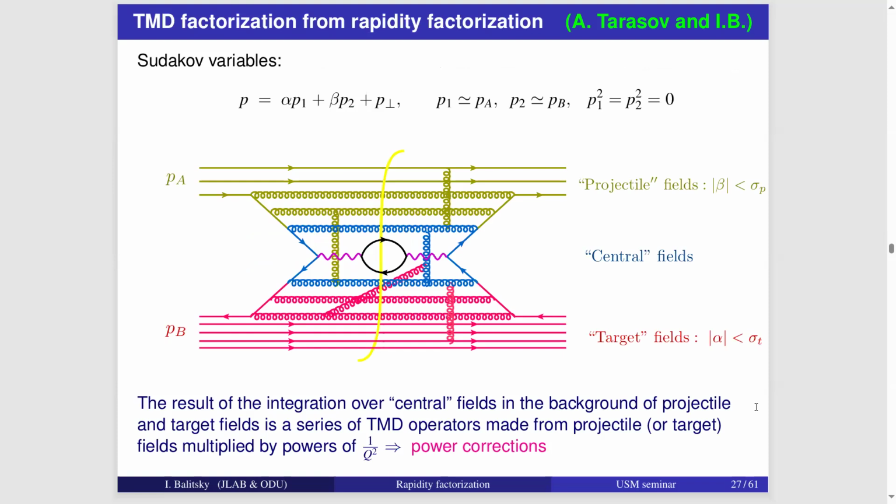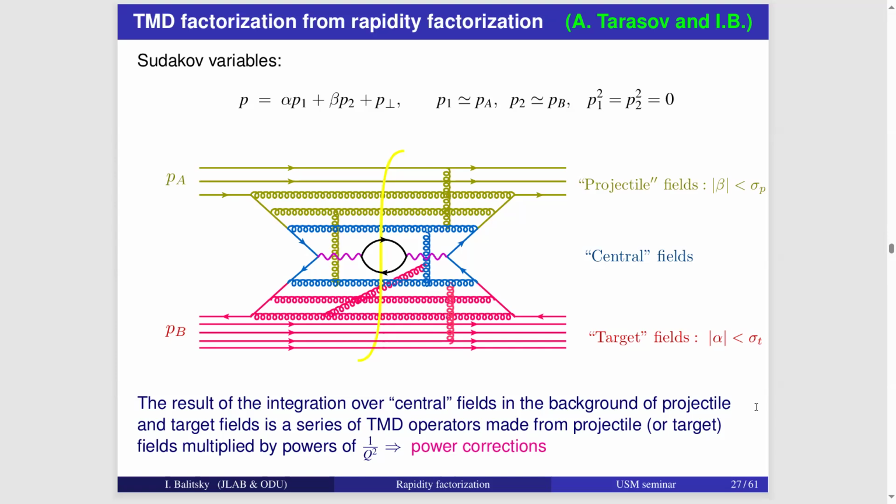And to find these tensor structures, Andrei and I used rapidity factorization in the following sense. Take any diagram and separate all gluons and quarks into three parts. Projectile fields, with the fraction along the target very small, target fields, with the component along the projectile very small, and central fields, which are whatever is left.